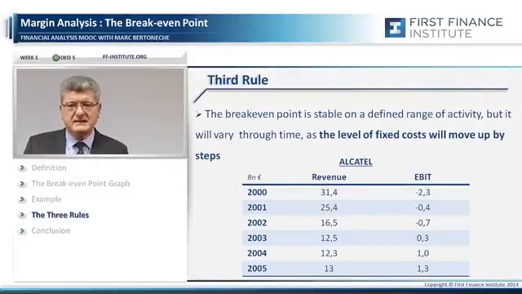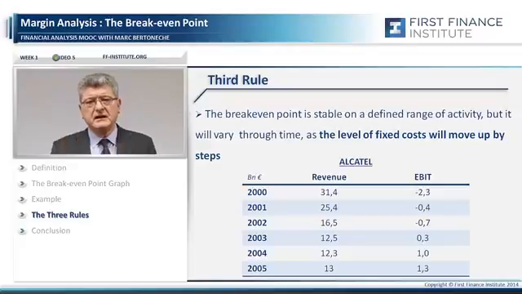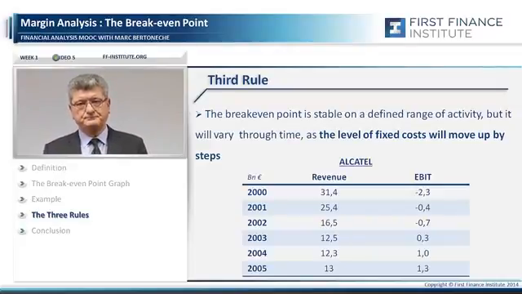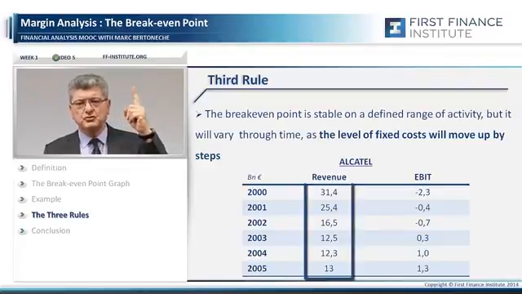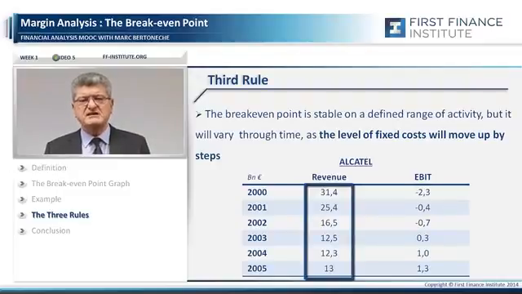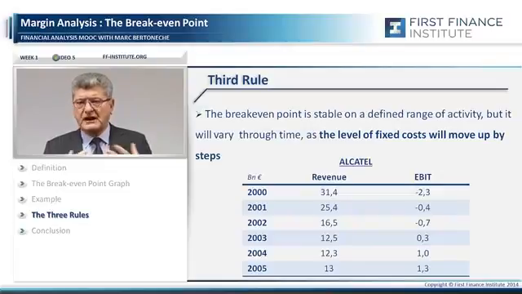Let's look now at a company called Alcatel between 2000 and 2005. The revenues went from more than 30 billion euro to 13 billion euro, a huge and dramatic decrease. We could have predicted a complete collapse in the operating result. And on the contrary, what do you see?